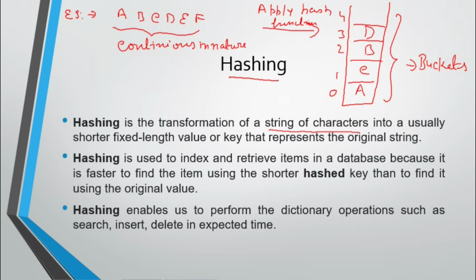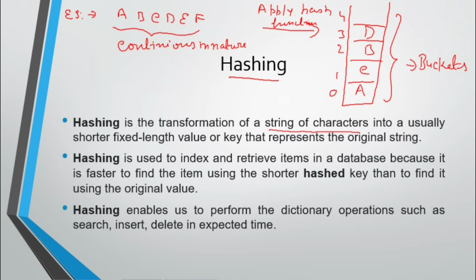So what is the use of hashing? Hashing is used to index and retrieve items in a database. You can see that when the characters are stored in a bucket, it is very easy to retrieve them or make use of them whenever we require it. That is the main advantage.